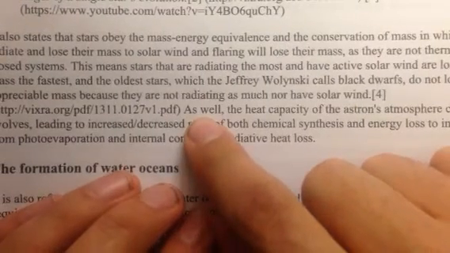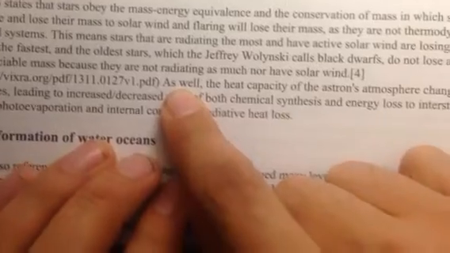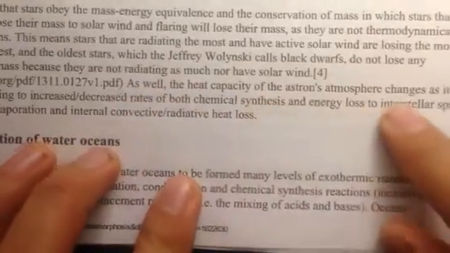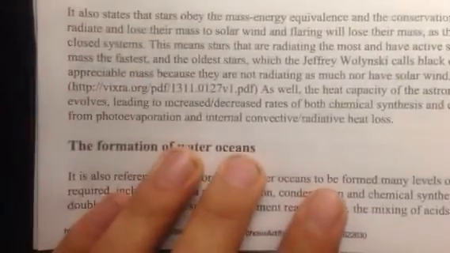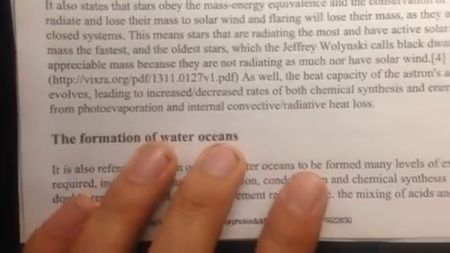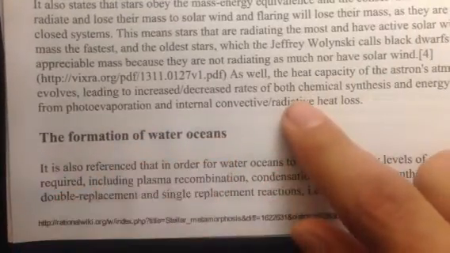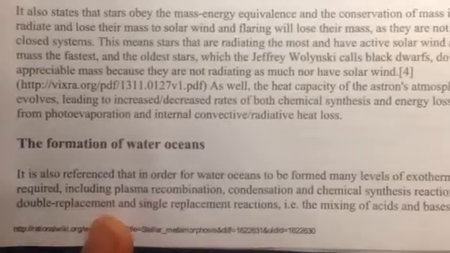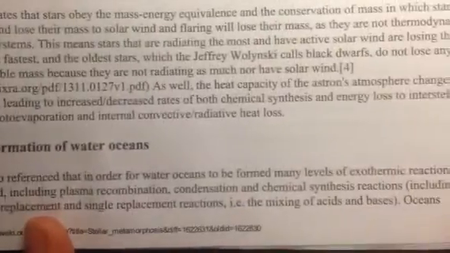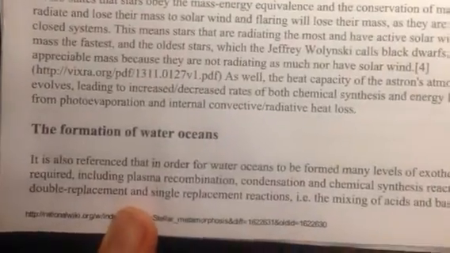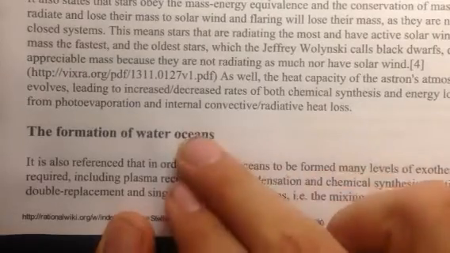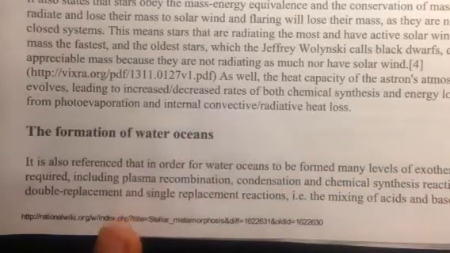At least in the rate at which the sun is producing it. As well, the heat capacity of the Astron's atmosphere changes as it evolves, leading to increased and decreased rates of both chemical synthesis and energy loss to interstellar space from photoevaporation and internal convective radiative heat loss.